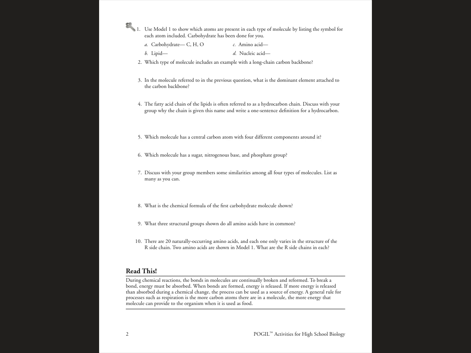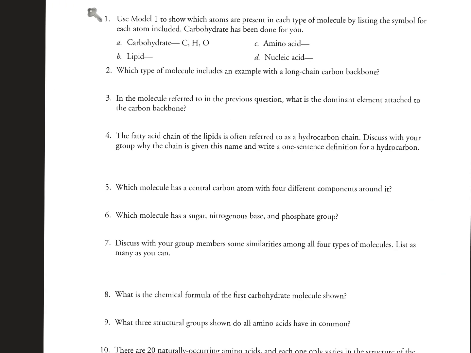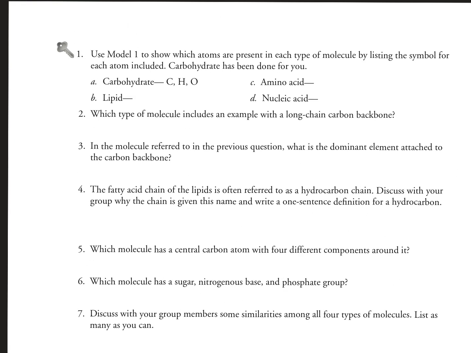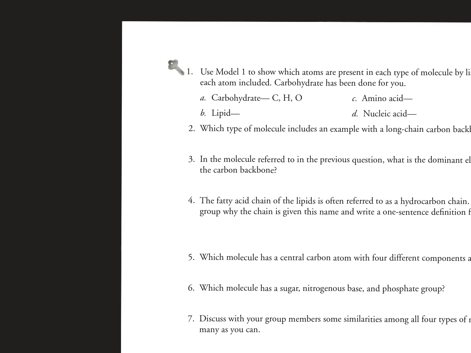So here it says, use Model 1 to show which atoms are present in each type of molecule by listing the symbol for each atom included. Carbohydrate has been done for you, CHO. So if we think about it, carbohydrates are CHO. The carbohydrates are one carbon to two hydrogens to one oxygen.